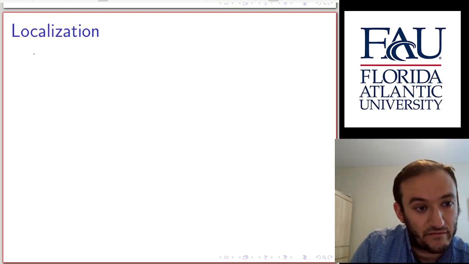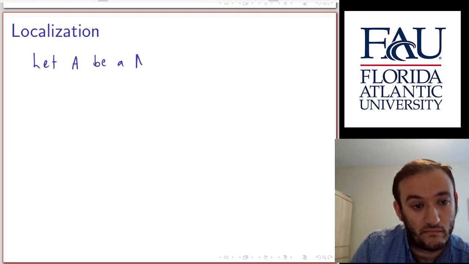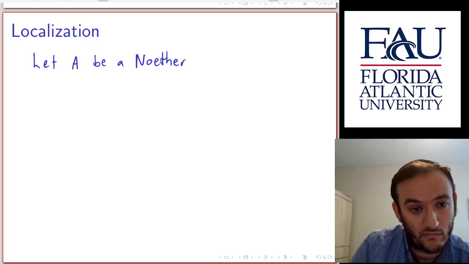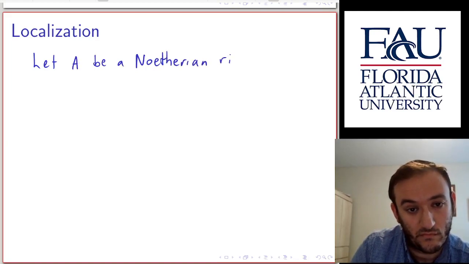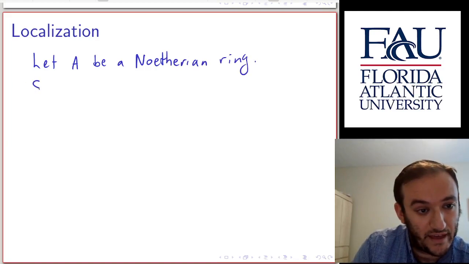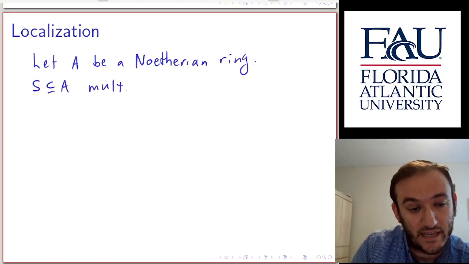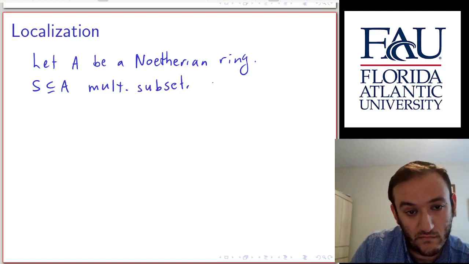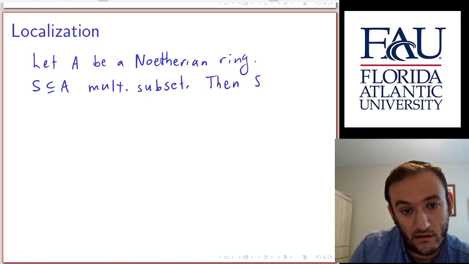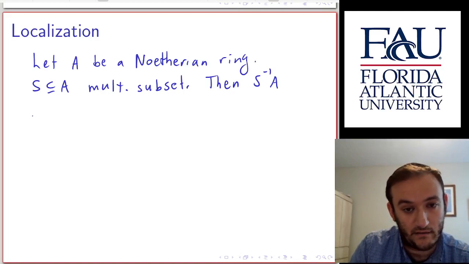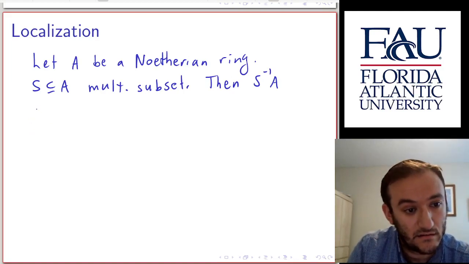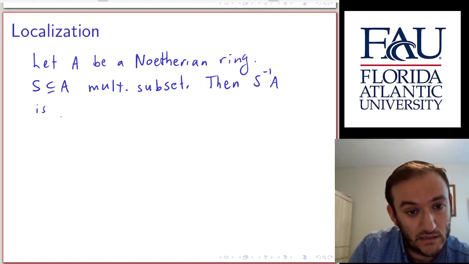Localization. So if we have A, a Noetherian ring, and we have S in A a multiplicatively closed subset, then S inverse A, the localization of A at S, is also Noetherian.